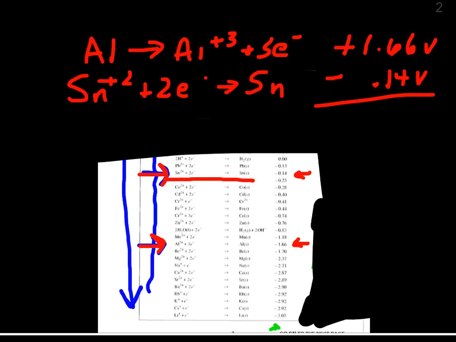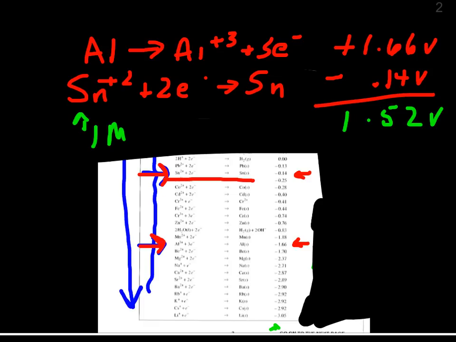Alright? So I'm adding them, but really I have to subtract. It's going to be a 1.5 volt battery. Okay, so at standard conditions means all my concentrations here are 1 molar.